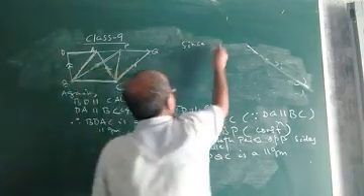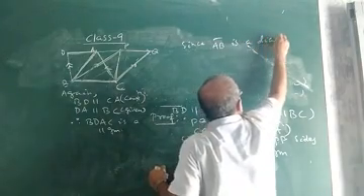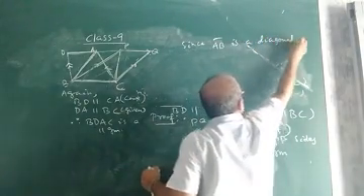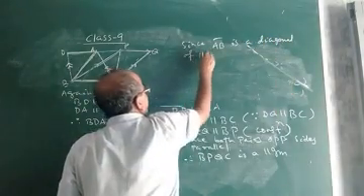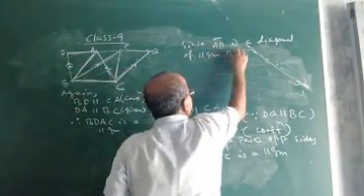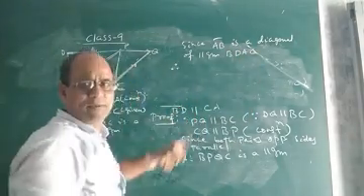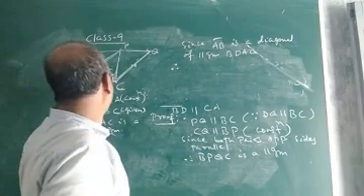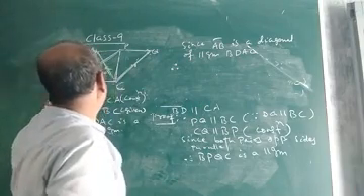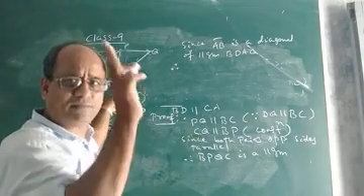Since AB is a diagonal of parallelogram BDAC, therefore what will happen? It will divide the parallelogram BDAC into two triangles of equal area.